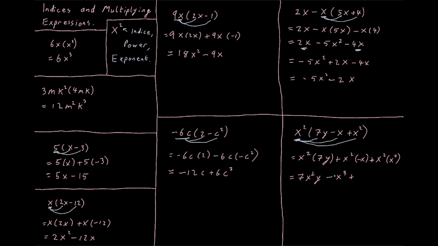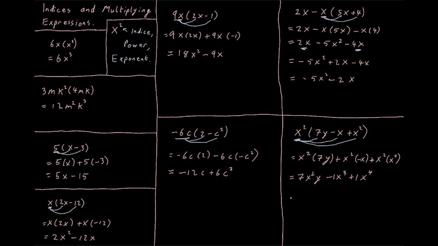So you can write in a 1 in front of these if you feel more comfortable, but you don't have to. So I have minus 1 of x cubed, and then I have 1 times 1 is 1, x squared times x squared. So I have x times x times x times x. In total, I would have 4 x's multiplied together, and that's as far as I'm able to go.